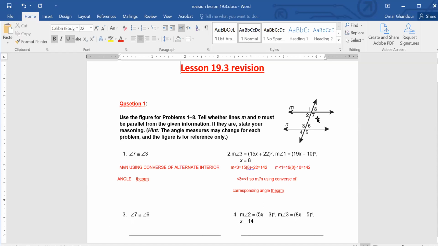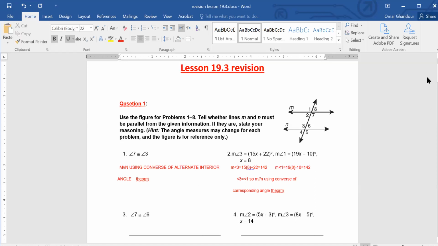So when he tells you that 7 is equal to 6, is this sufficient information for you to know that these two lines are parallel? No, it's not sufficient information, because the converse of the same side interior postulate says that they should be supplementary, not equal.